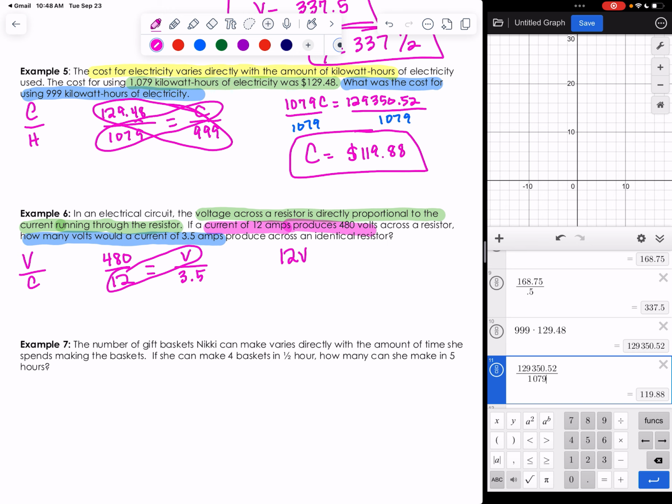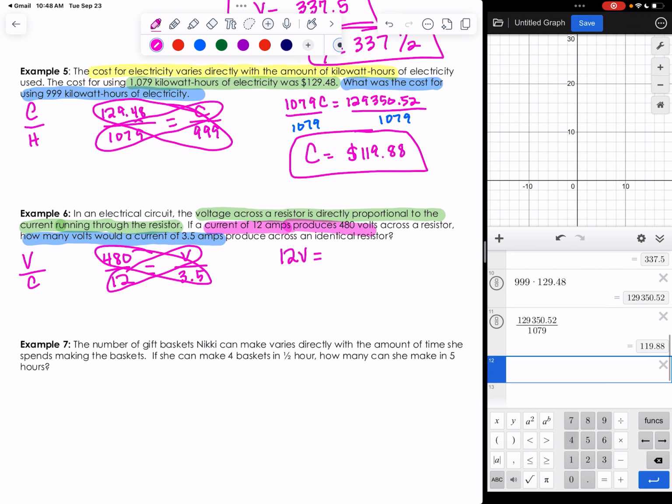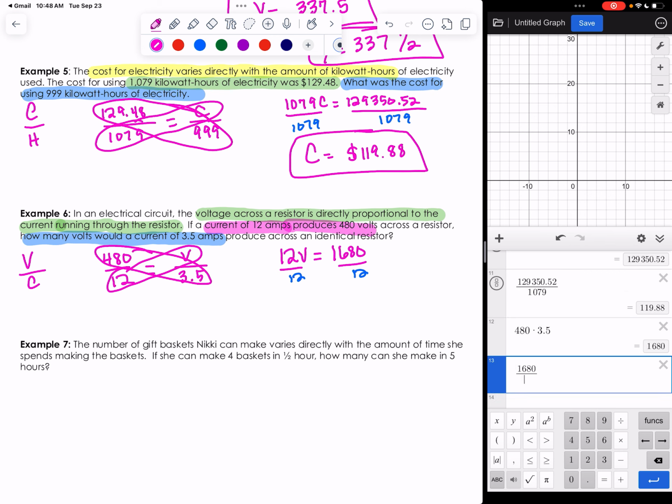This would be 12V equals, and multiply 480 times 3.5, which gives me 1680. Then I'll divide both sides by 12. So 1680 divided by 12, which gives me 140. And what was the volts measured in? That would be volts.